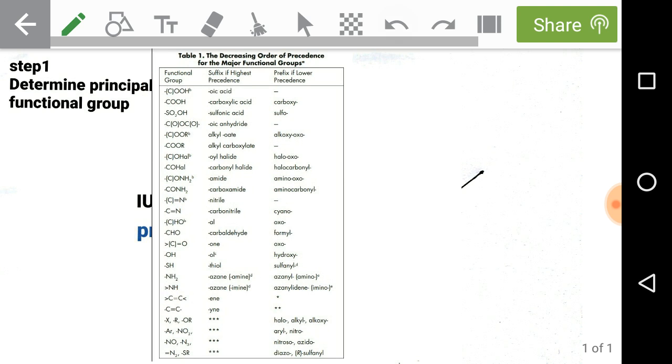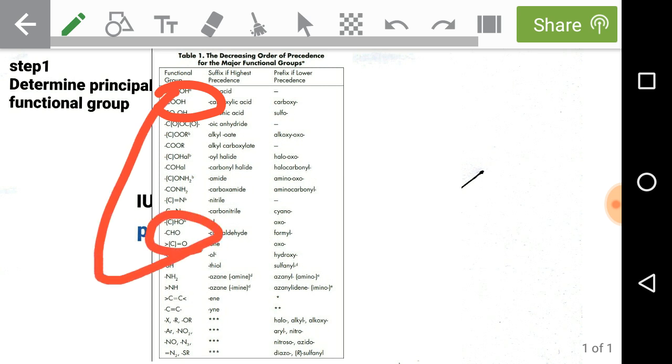Just remember that the principal functional group is always considered as the suffix. For example, if we have a carboxylic acid functional group and an aldehyde functional group on a single organic compound, which should be considered the principal functional group?